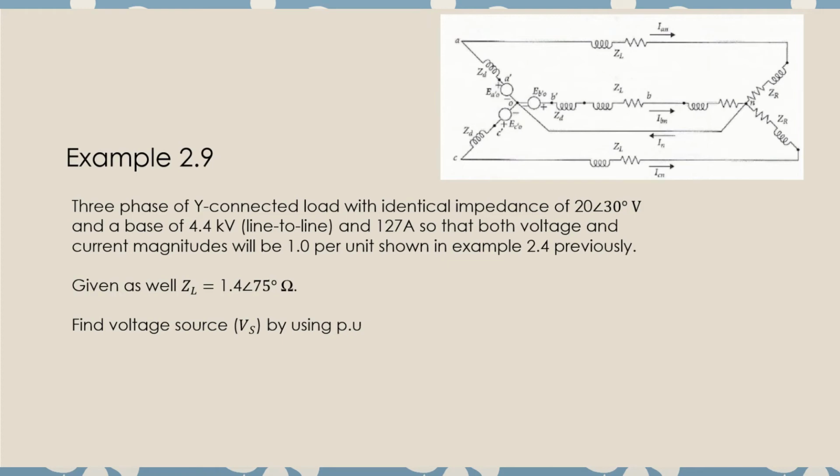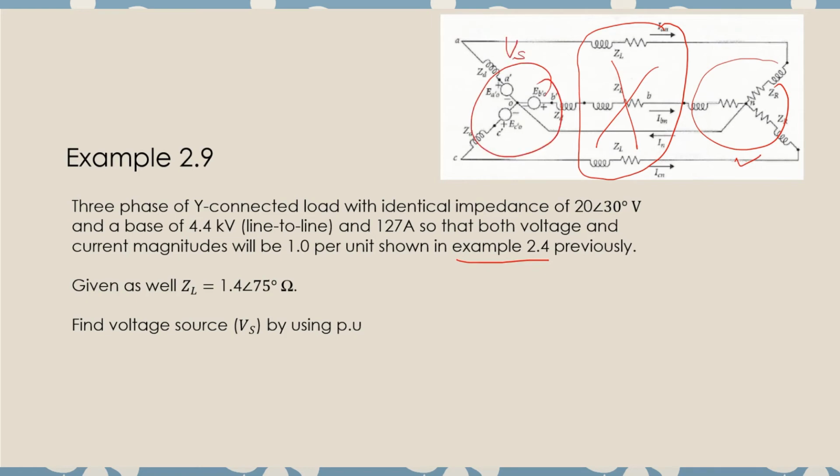Alright, let's move on to the next example, 2.9. This example is related to the previous example, example 2.4. This is basically the circuit that we're going to look into, except that we don't have the transmission line in the middle. We're just going to consider the source and the load, as PS and this as the load.